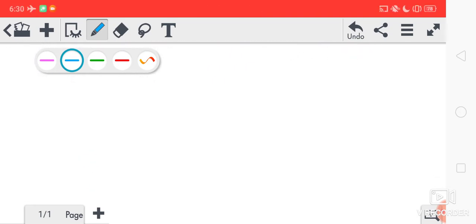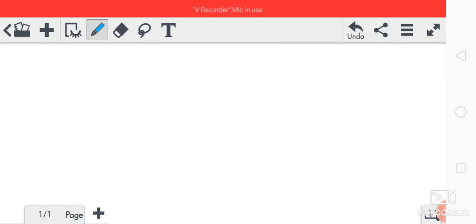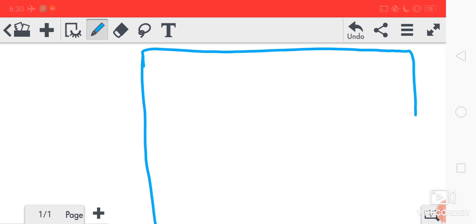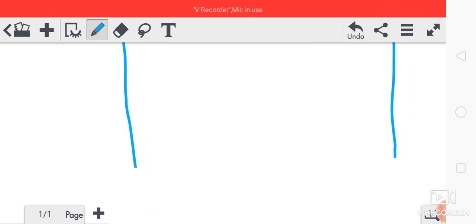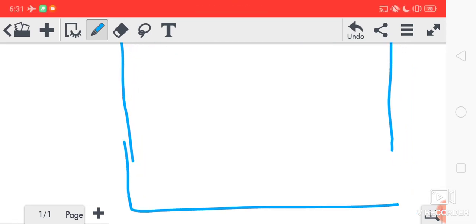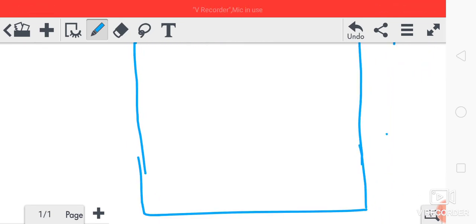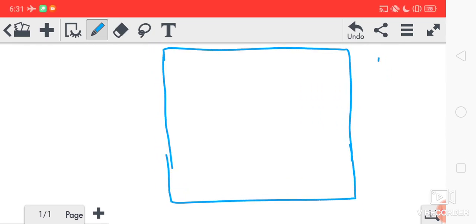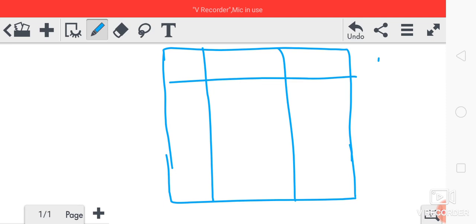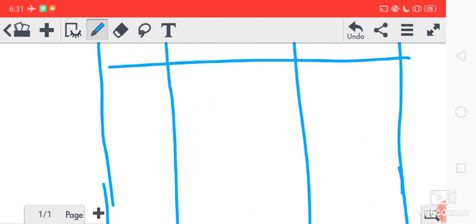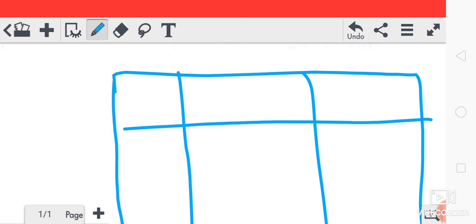96 square. Okay, first of all what do we have to do? We have to make a column. I have drawn one column. Now, in the first one what will we write here?